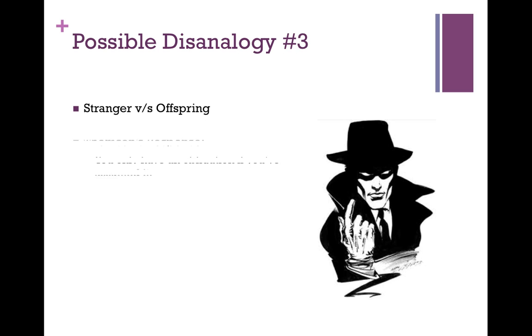What people will sometimes say is that the violinist is just a stranger, this person plucked at random from out in Nowheresville, whereas your child, that's your child, it's the fruit of your loin, it's a biological connection, they're your offspring. And so while it's permissible to detach the violinist, it's not permissible to have an abortion because there's a special bond, a special obligation, in virtue of the fact that they're your child.